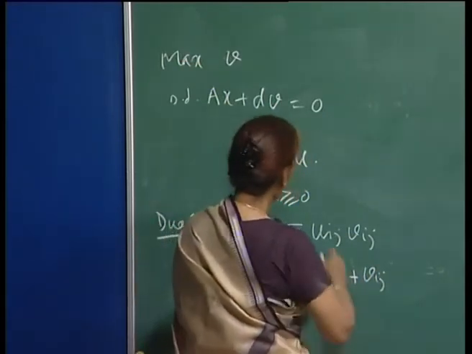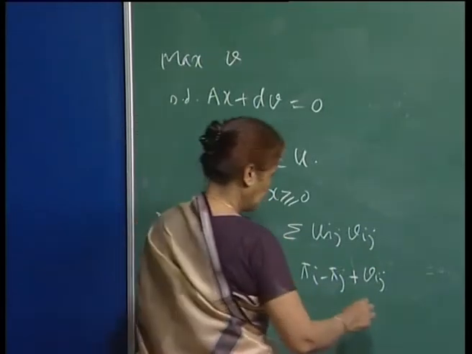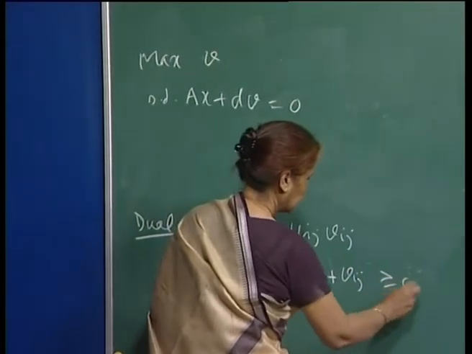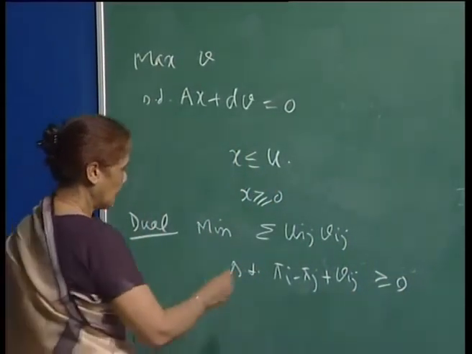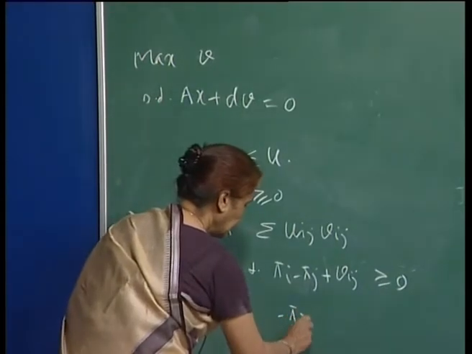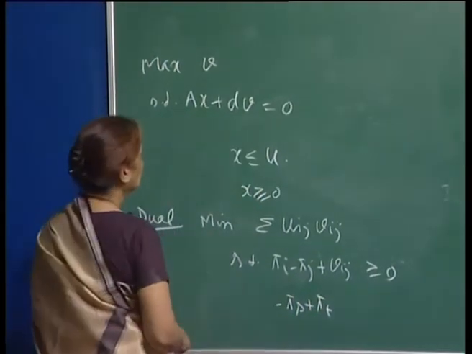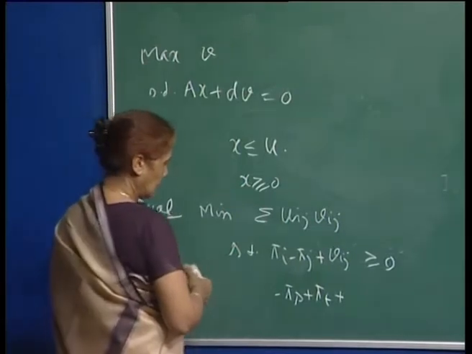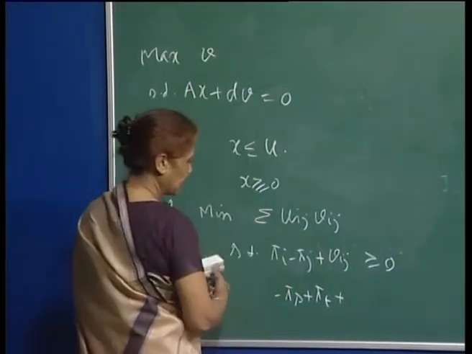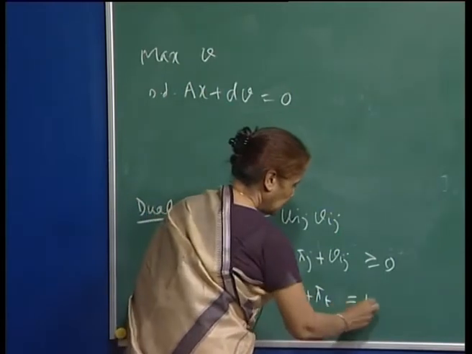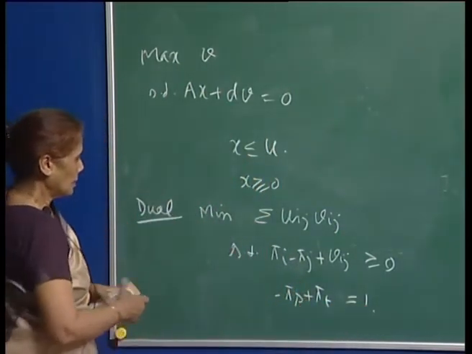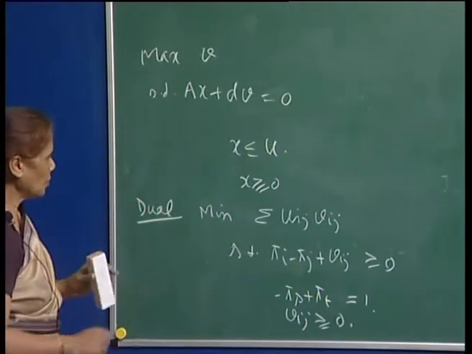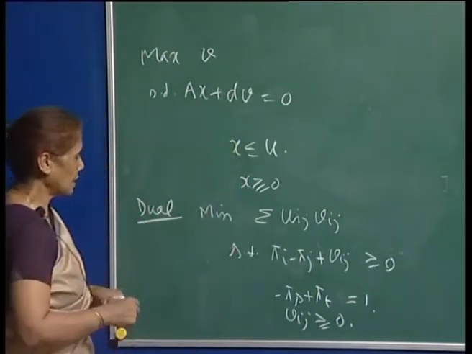Because I am taking the non-negativity constraint, this will be greater than or equal to 0, and then you will have minus pi s plus pi t. This is equal to 1, because my v is unrestricted. And you have your vij greater than or equal to 0. I am keeping it more simplified because I am not treating these constraints as explicit constraints.